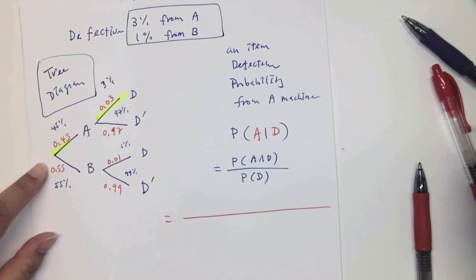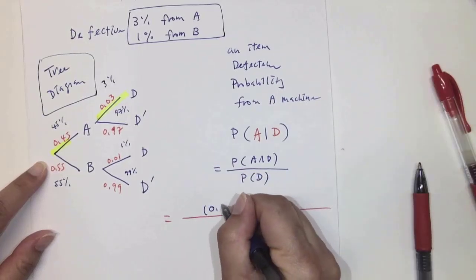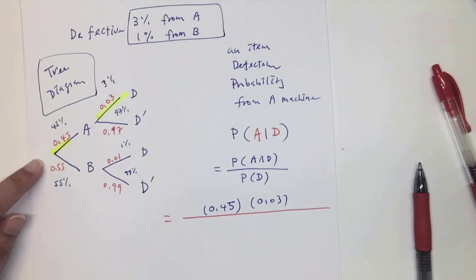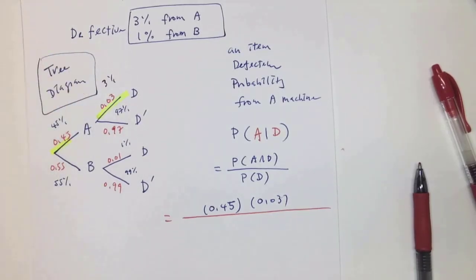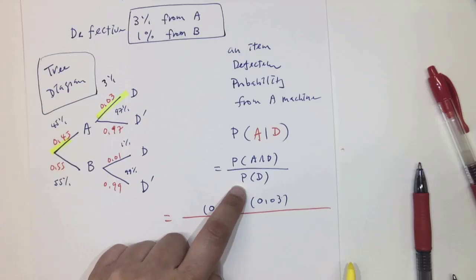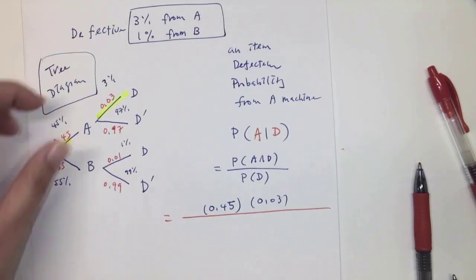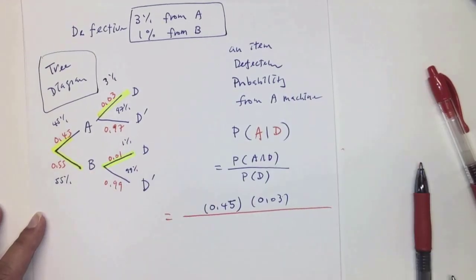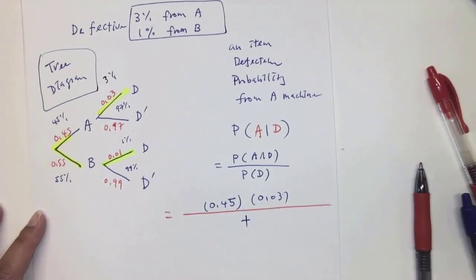So these two numbers multiplied together, 0.45 times 0.03, is A to D, right? A and D. And then the path to D: this is one path, and at the bottom can also be B to D, right? So the two need to be added together.